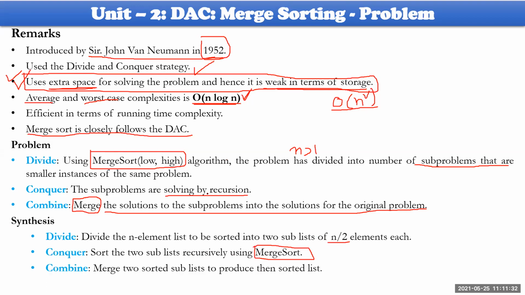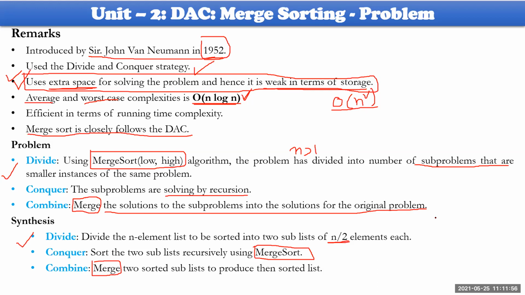And then finally combine, merging all those lists into a single list in a step-by-step manner. This is the actual synthesis. Every time the list is divided into half, and so on.